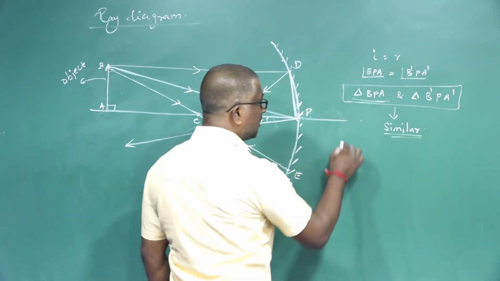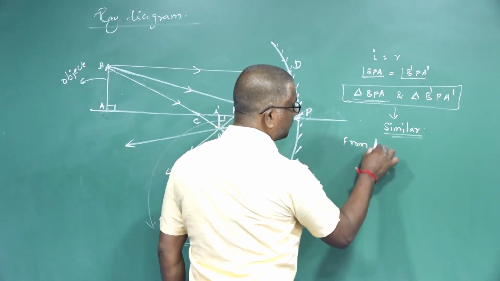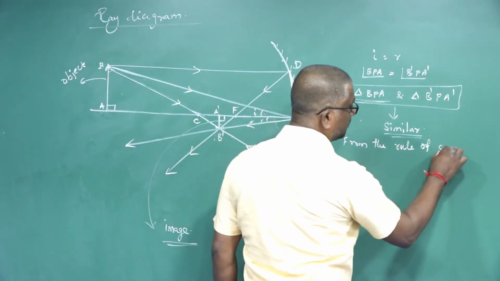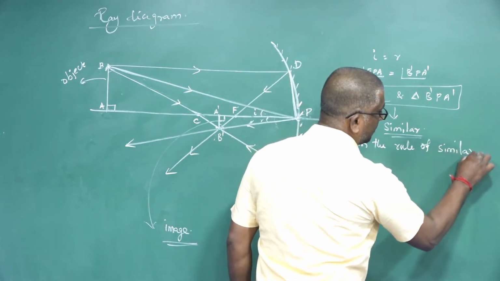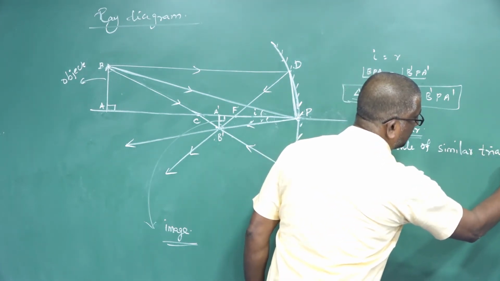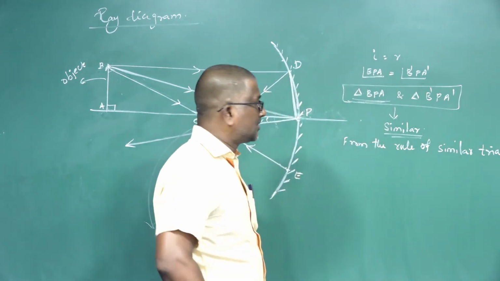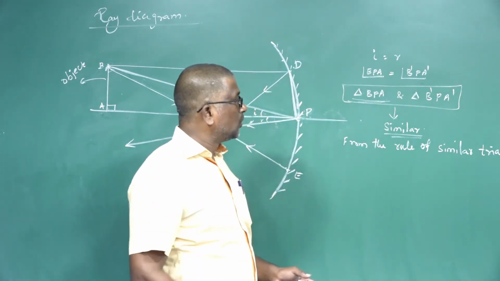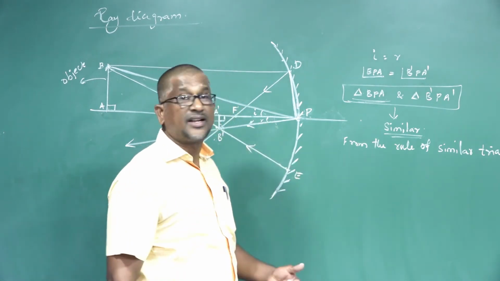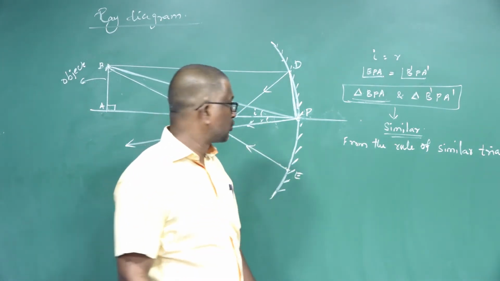From the rule of similar triangles, the sides in the two right angle triangles are proportional.